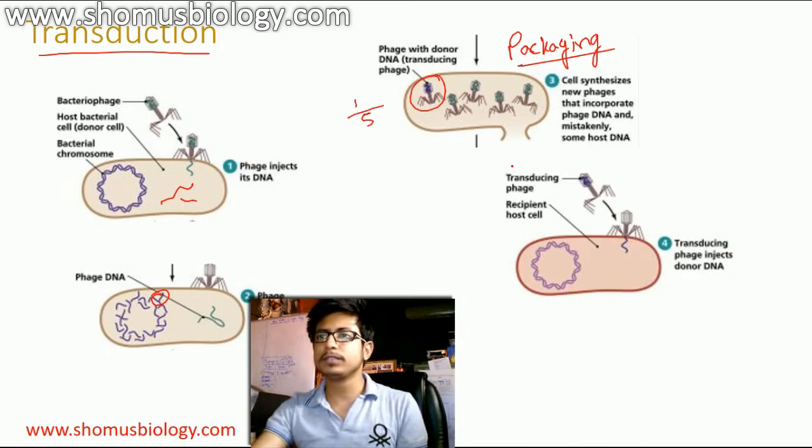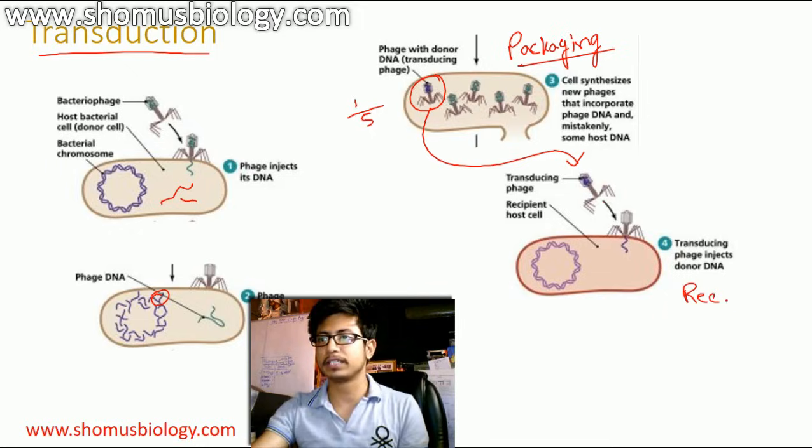Once that bacteriophage goes and transfers its content into the other bacterium, which here is the recipient bacterium, it injects that DNA inside. In that case, this recipient bacterium receives DNA content which should be phage content, but in this case it is the bacterial DNA content of the donor.